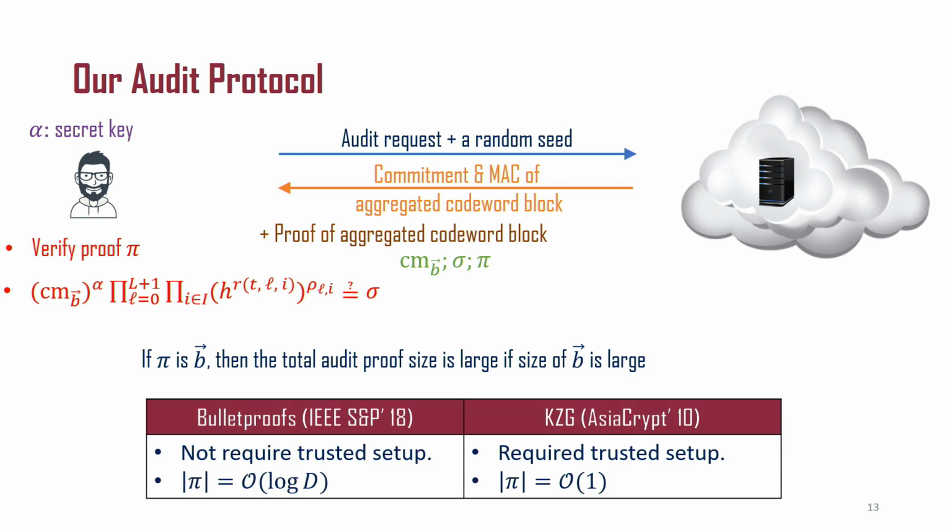So to reduce the proof size, we harness two verifiable computation techniques. The first one is inner product argument in Bulletproofs, and the second one is KZG. Bulletproofs doesn't require trusted setup, while KZG requires trusted setup. The proof size of using inner product argument in Bulletproofs is big O log D, where D is the data block size, and the proof size of KZG is a constant.